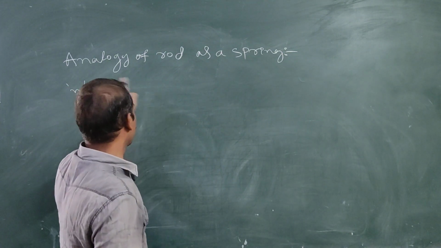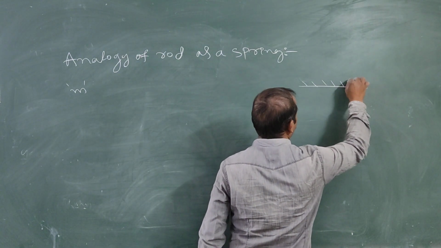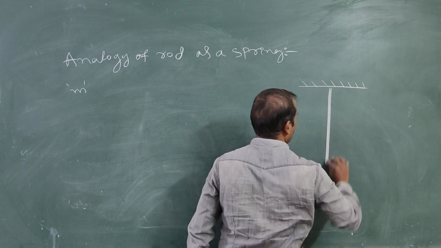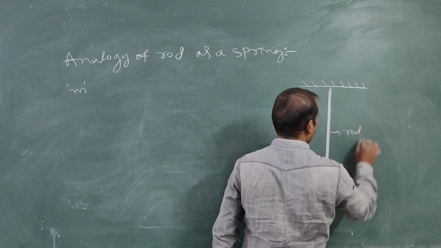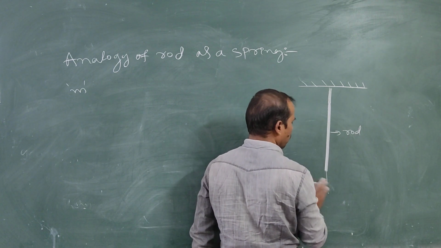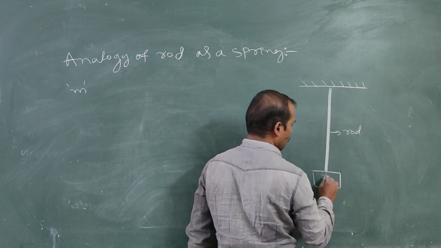Now based on this problem, let's look at an example. Here this is a rigid support, and this is the rod. The force is the weight of the mass m attached to the end of this rod.